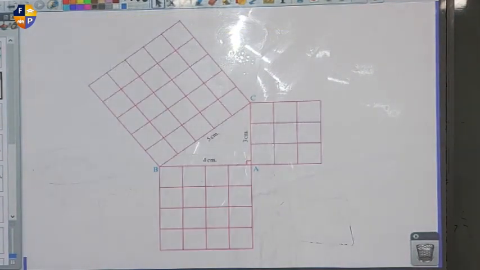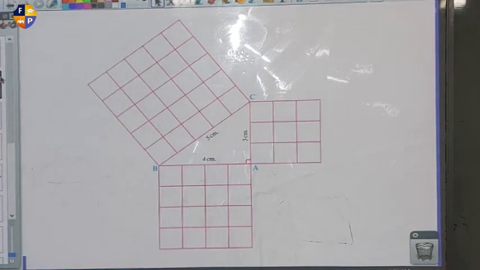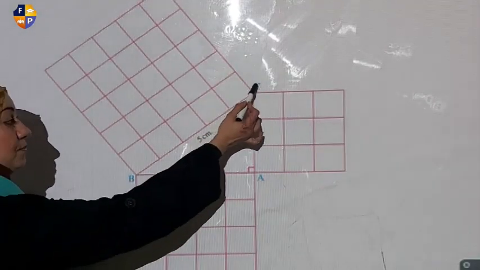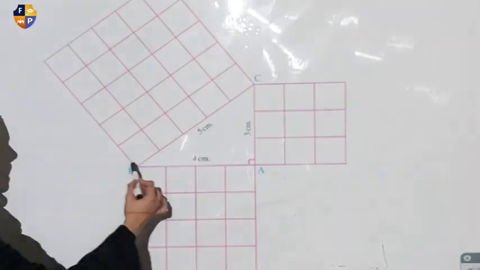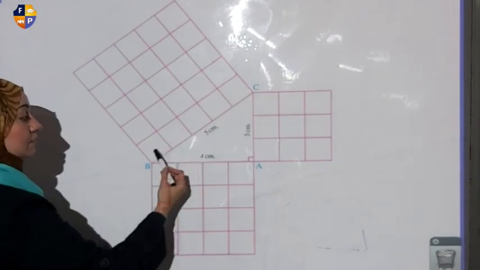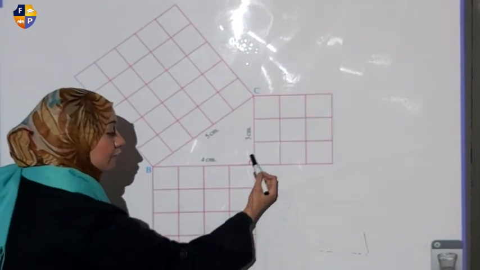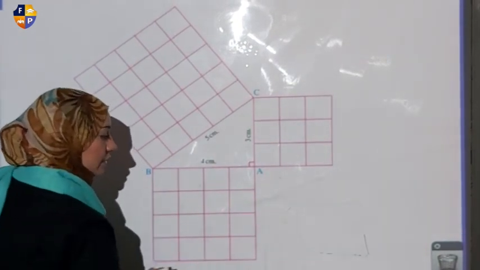As we see, ABC is a right angle triangle, and BC is the hypotenuse. This square on the hypotenuse, its area equals the sum of the areas of the two squares.